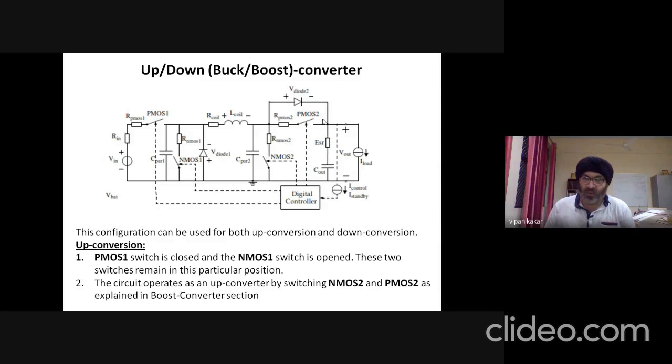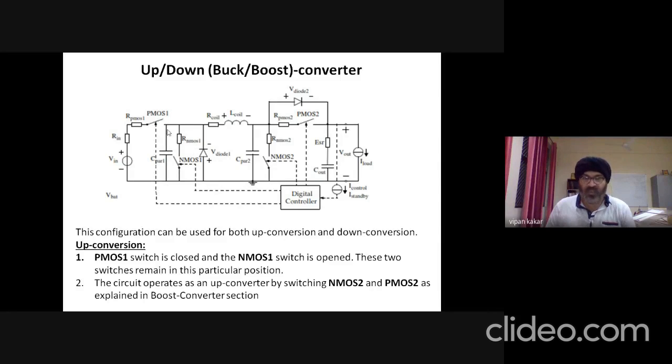So if we want to configure the complete converter circuit into a boost conversion first, which is up conversion, PMOS 1 has to be switched on, and it will remain on till we continue using this circuit in boost conversion configuration. And NMOS 1 has to be fixed to off position.